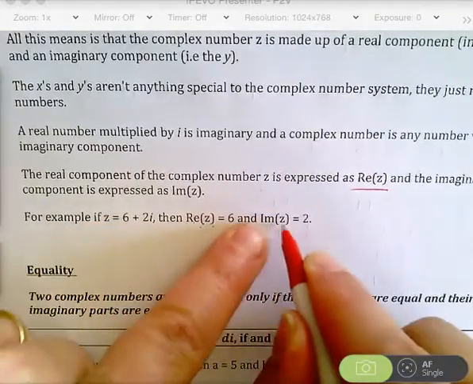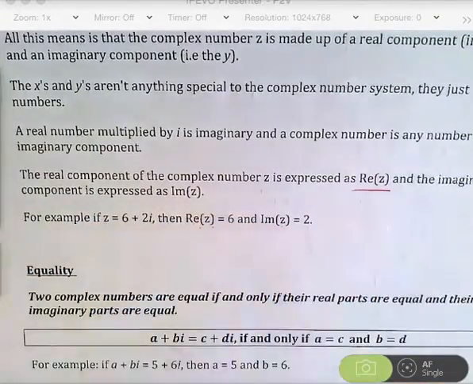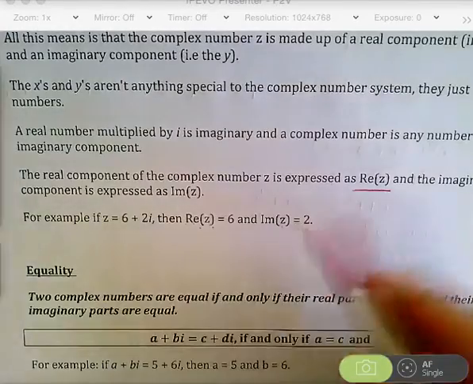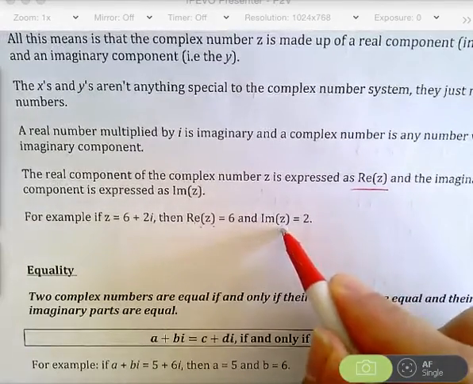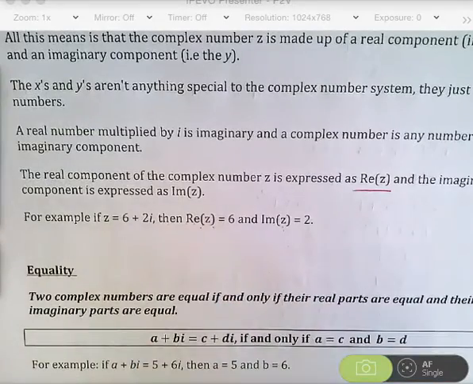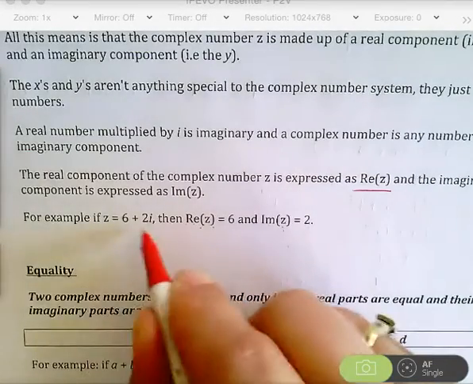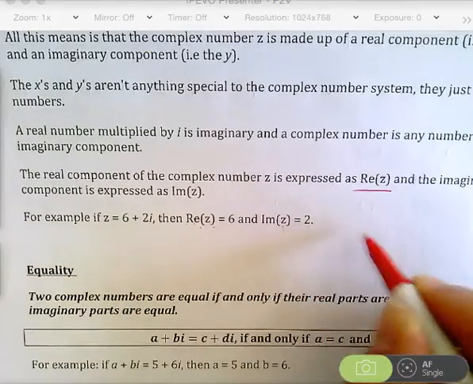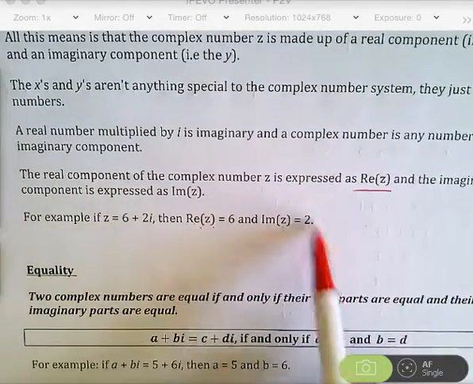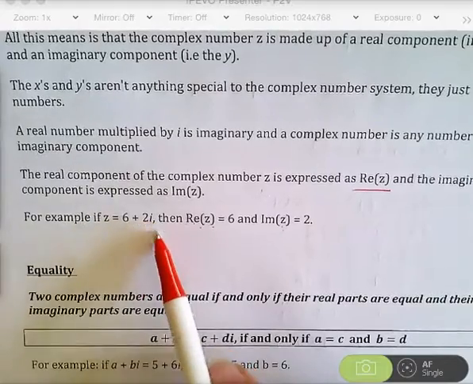And the imaginary part of z, so instead of writing imaginary part of z, I just go Im(z), is the 2. I don't have to put the i, because they're just asking for the bit in front of the i. Okay? So the imaginary part is the 2 because it's in front of the i. You don't write 2i. Okay?